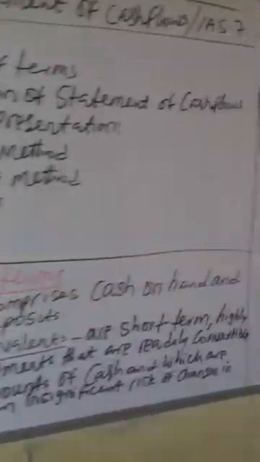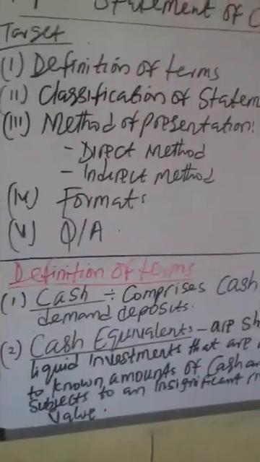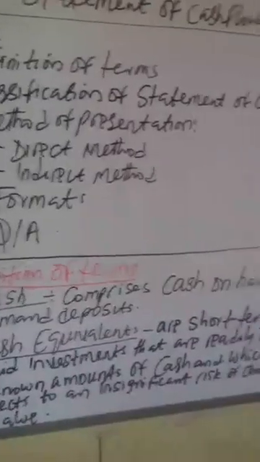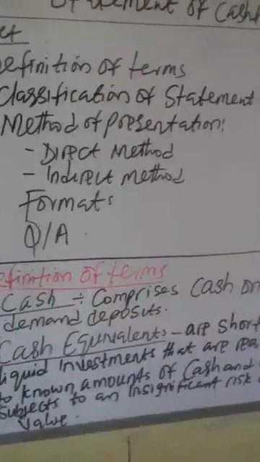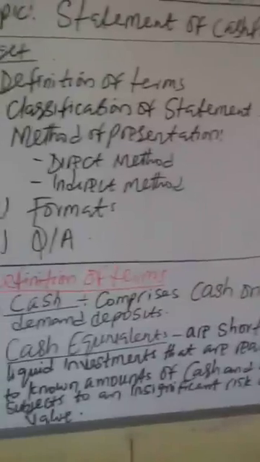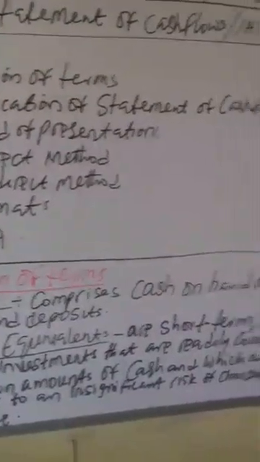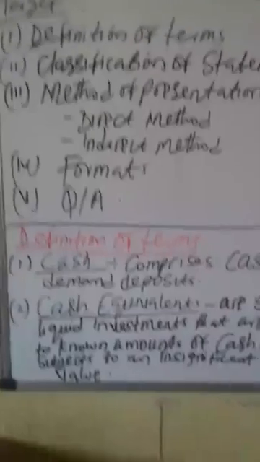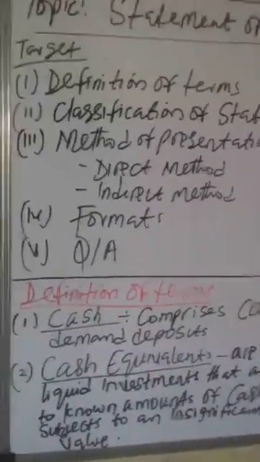These are short-term, highly liquid investments that are readily convertible to a known amount of cash and which are subject to an insignificant risk of changes in value. Insignificant, very small, or very little.